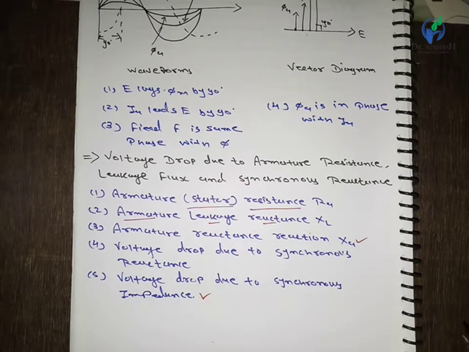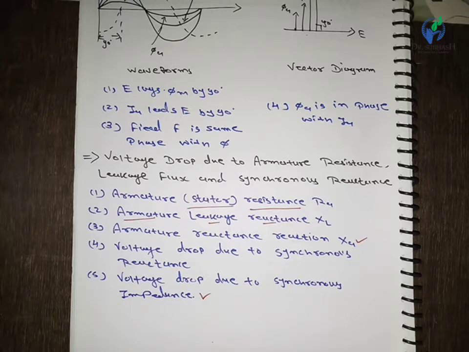Now we will discuss all the parts in detail. We know that the armature winding is made of copper, and let its resistance per phase be Ra. When the alternator is loaded, current I flows in the armature winding.